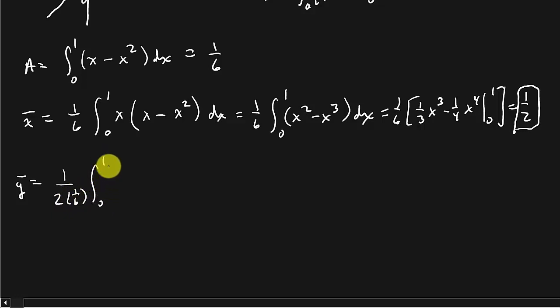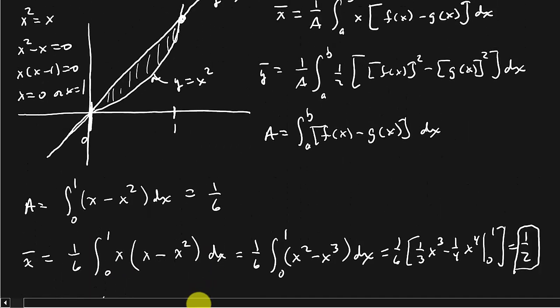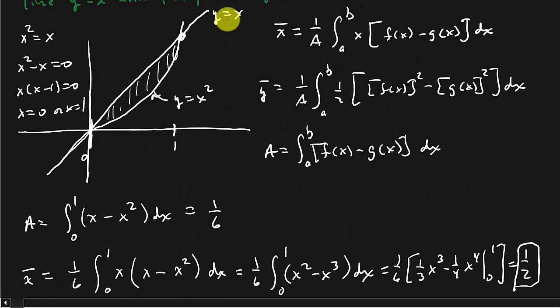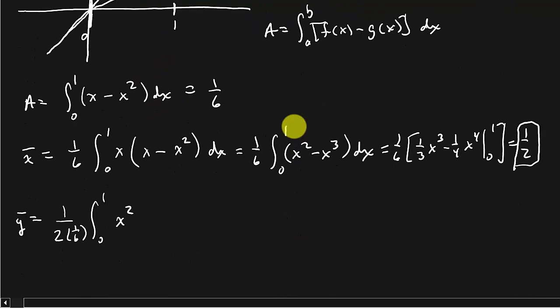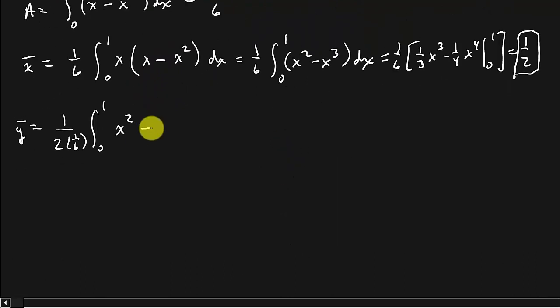And that's from 0 to 1 of what? Of f of x squared. That's the function on top, which is x, and then I squared, minus the function on bottom, squared. So minus x squared squared, and then dx.